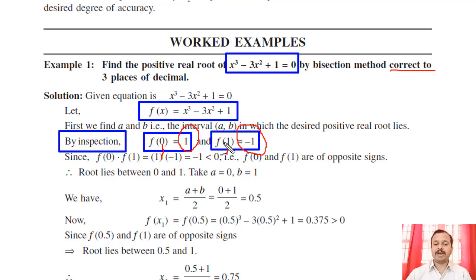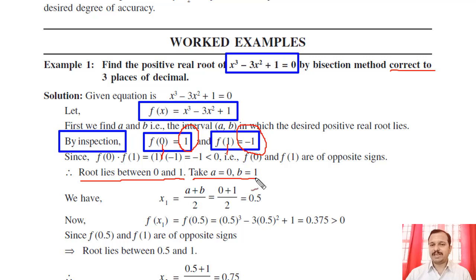So the desired root lies in between 0 and 1. Therefore take the smaller value as a, that is a as 0, b as 1. So we have computed the interval in which the desired root lies.